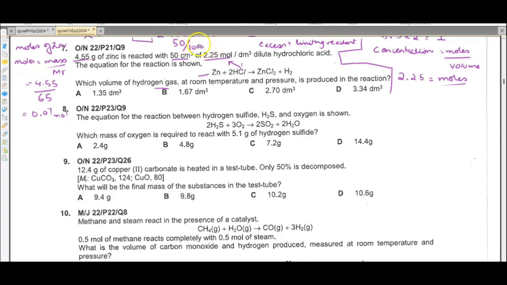So we get 0.050 decimeter cubed. After multiplying 2.25 with 0.05, the number of moles that we get is 0.1125.